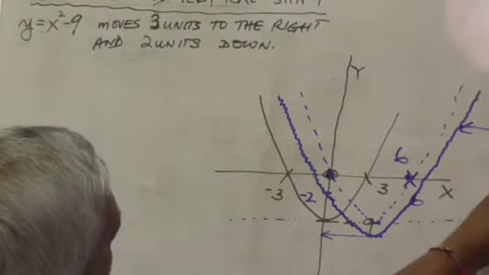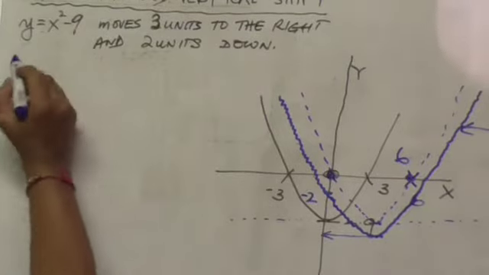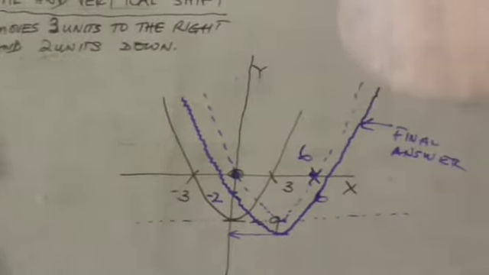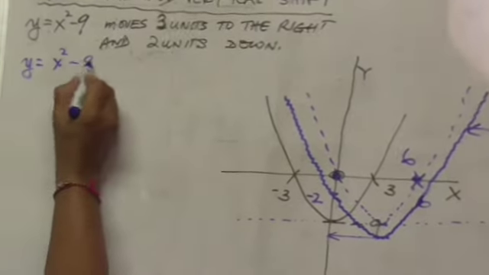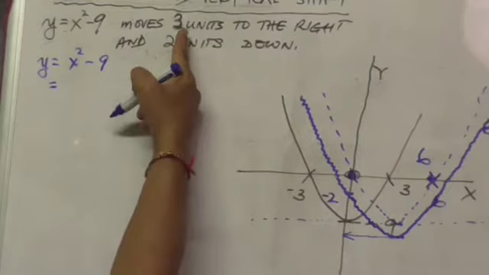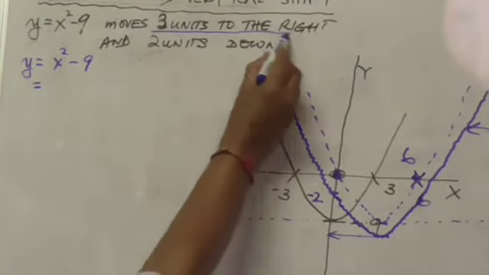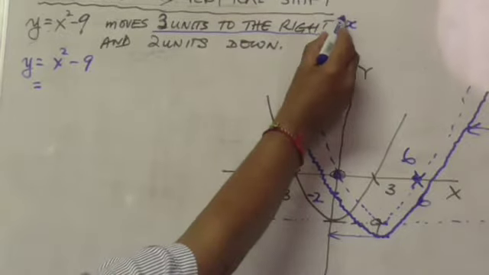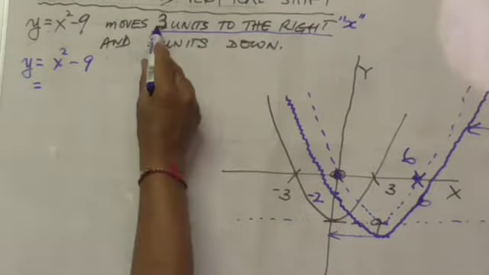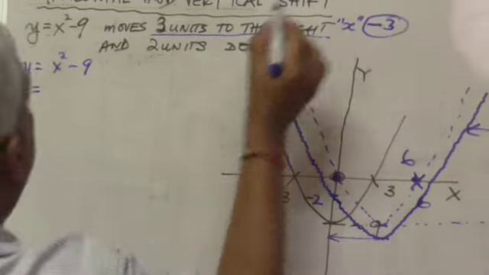Now let's see what is the equation of this new graph. Well, y is equal to x squared minus 9. Now, if it moves to the right, this affects the x. Because it's moving to the right, it will be minus 3.